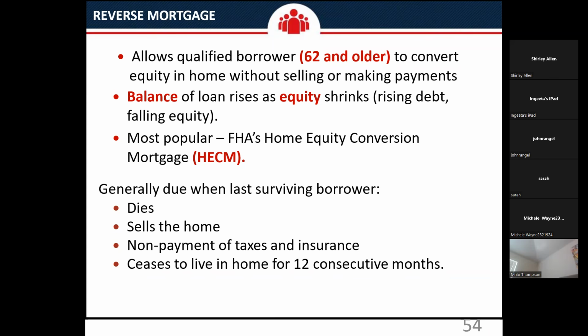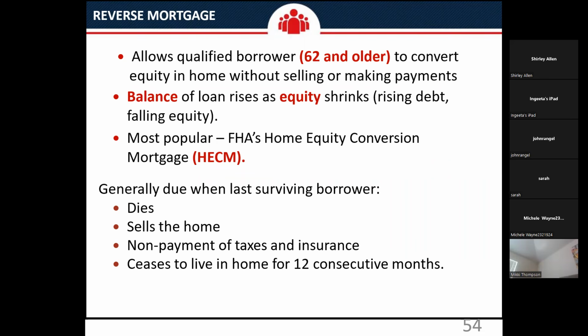The most popular type is an FHA home equity conversion mortgage. We call them HECMs. What the heck is a HECM? Home equity conversion mortgage. It's FHA's reverse mortgage, and it's a very, very popular one.